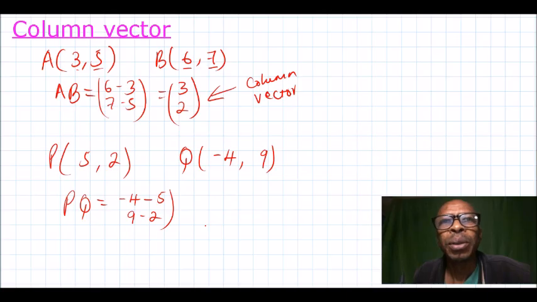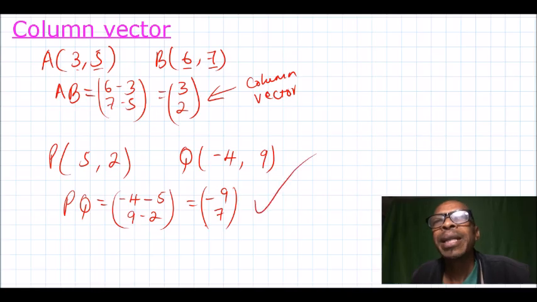So that gives you what? (-9, 7). So to get a column vector, you use the coordinates. What is important to note is that a column vector represents displacement.